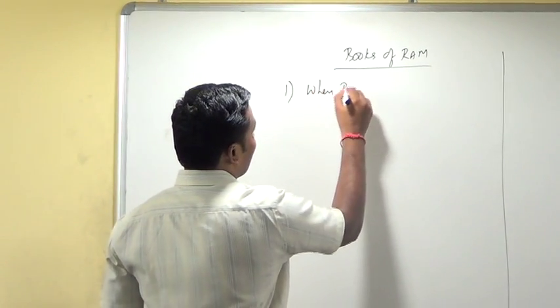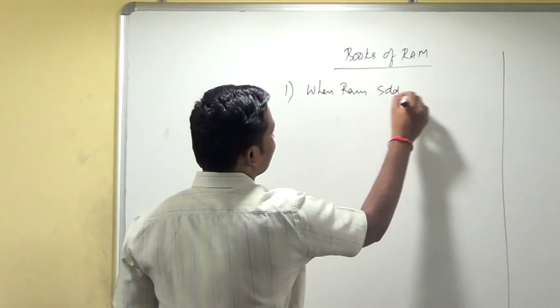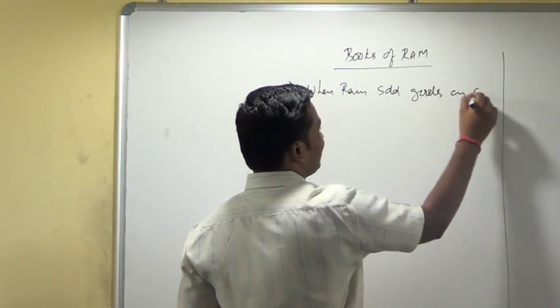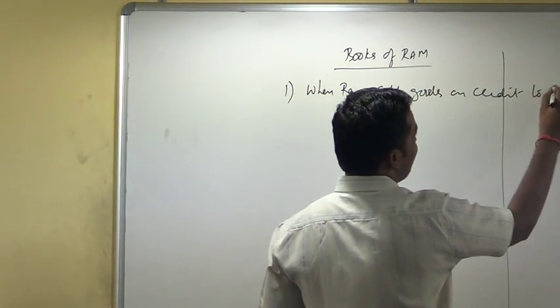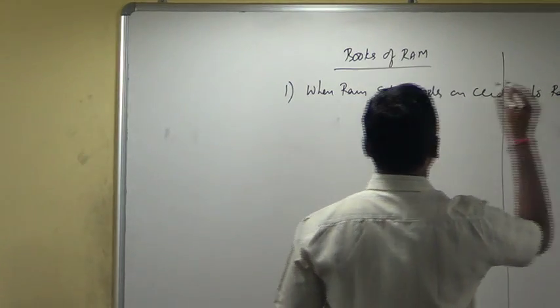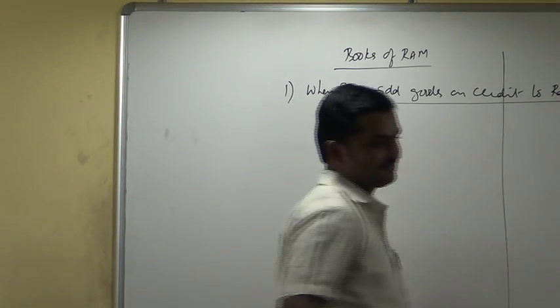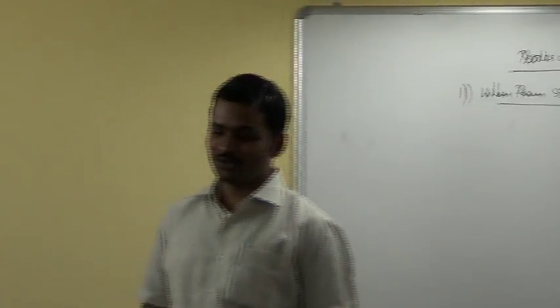Let us write down the entries now. Write down when Ram sold goods on credit to Rahim.